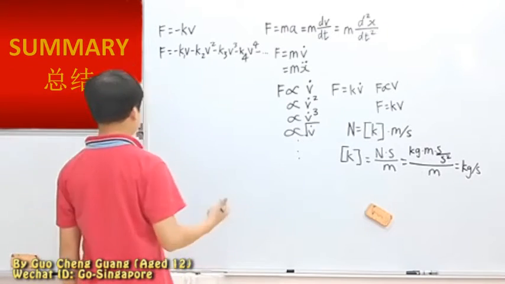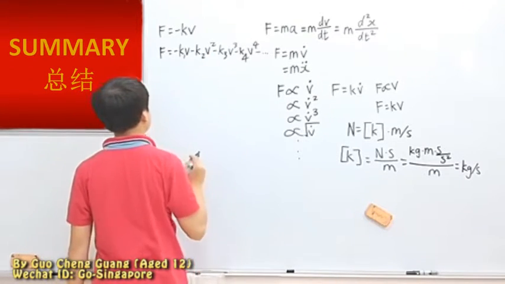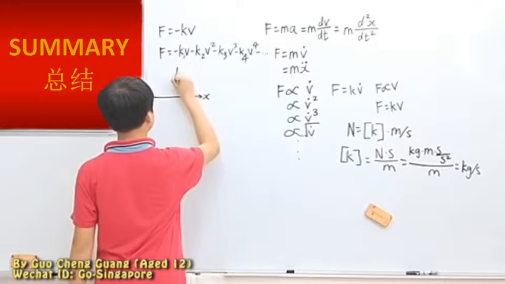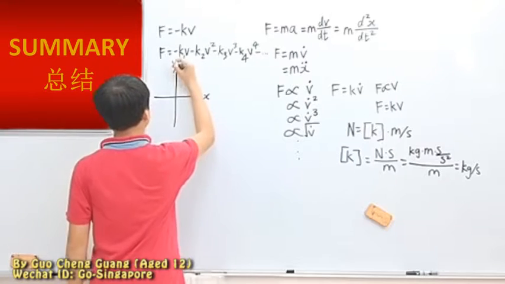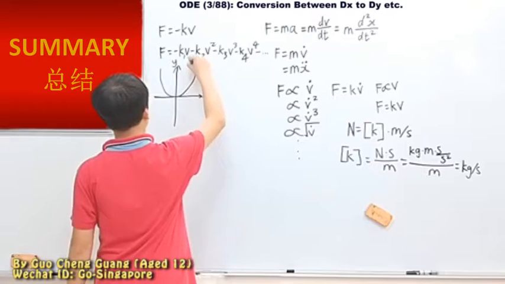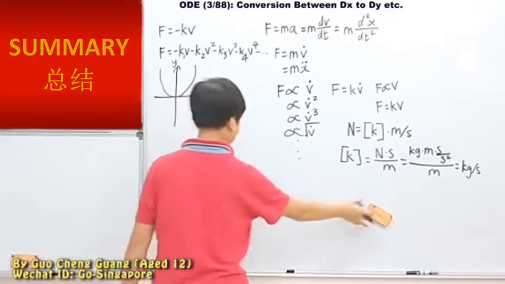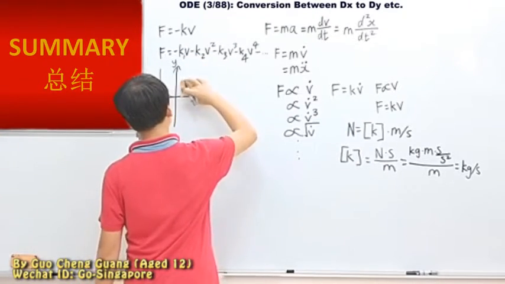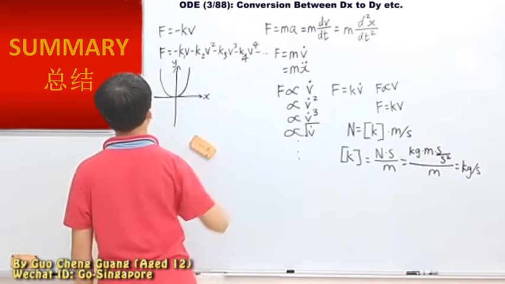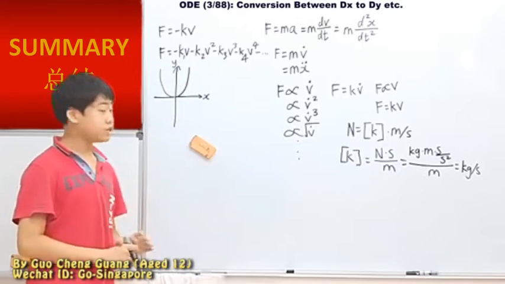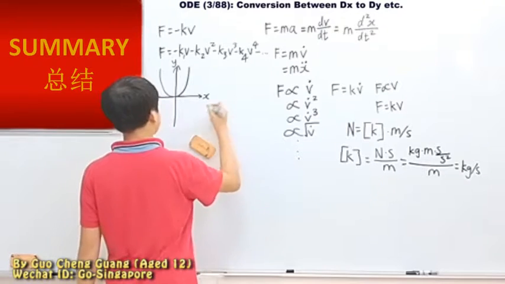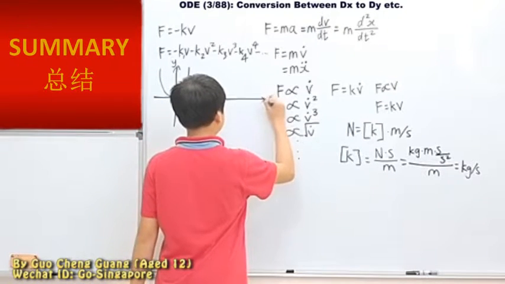How about thinking of the graphs? For example, this square. If you have v squared, this graph is like this. How about v cubed?